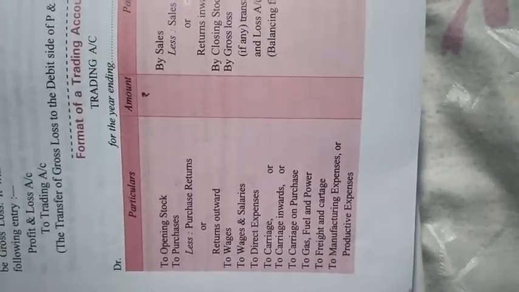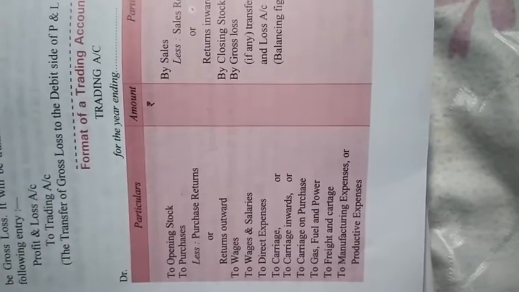We are purchasing the raw material from the market, and that raw material is to be brought to the business unit, and for it we need to carry the raw material on some transport vehicle and bring it to the business unit. So whatever expenses are incurred are known as carriage or carriage inward, or carriage on purchase. These three items are the same.